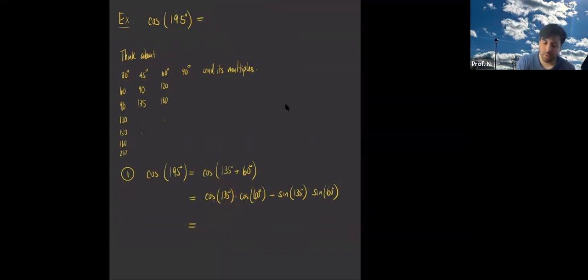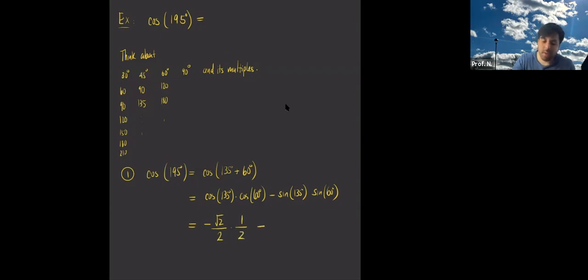If I'm in quadrant 2, cosine is what? Negative. So I'm sure I'm going to have a negative. What is cosine of 135? I have to refer to the reference angle. The reference angle of 135. Well, where did you get 135 from? It's 45 degrees. Cosine of 45 degrees is rad 2 over 2, so I know this will be negative rad 2 over 2. Cosine of 60 degrees is 1/2.